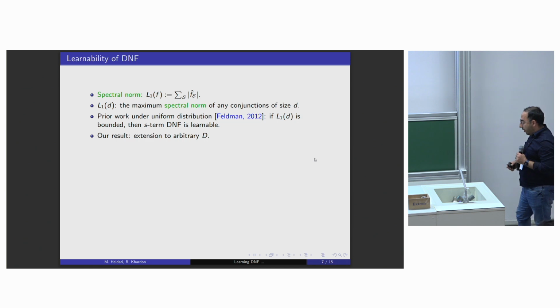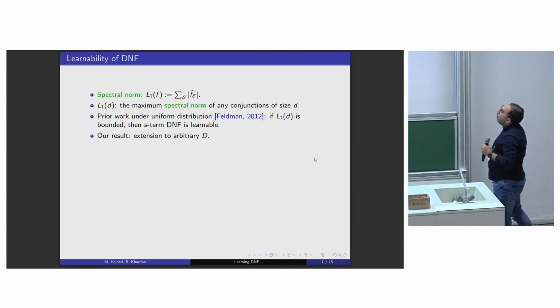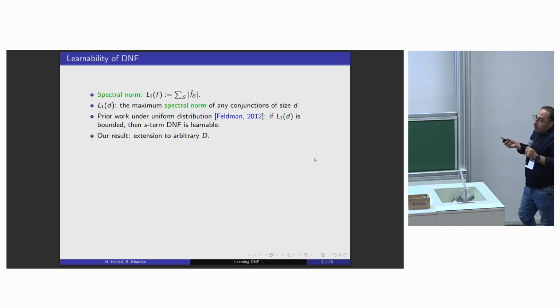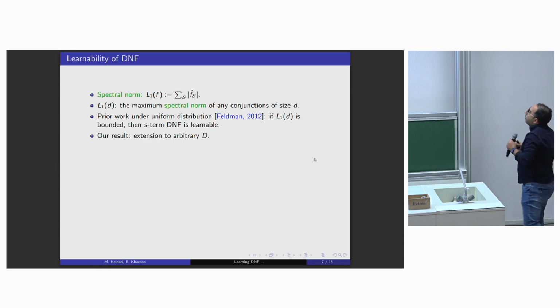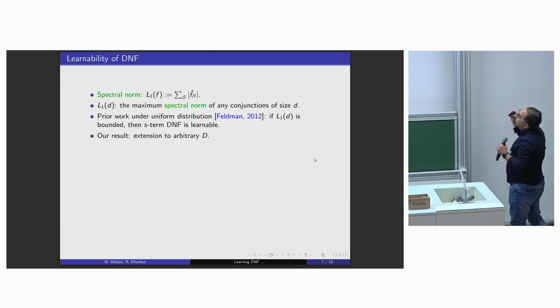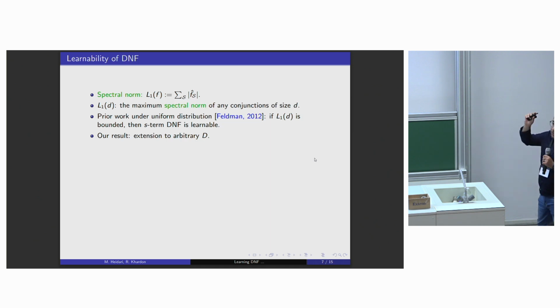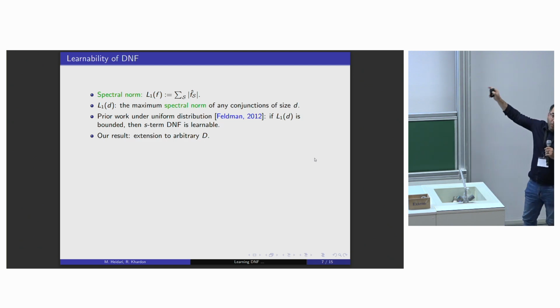For the learnability of DNF, which is our second contribution, it turns out that the spectral norm plays an important role. The spectral norm is nothing but the L1 norm of the Fourier coefficients. Feldman and Cole 2012 showed that if the spectral norm of conjunctions of size D is bounded, then stem DNFs are learnable, and this is under uniform or product distribution.